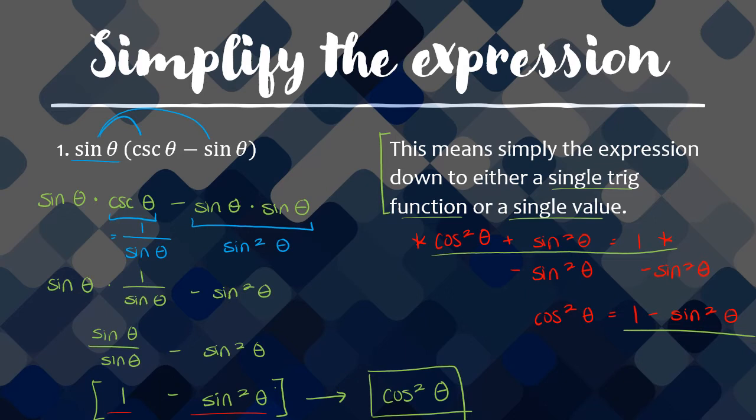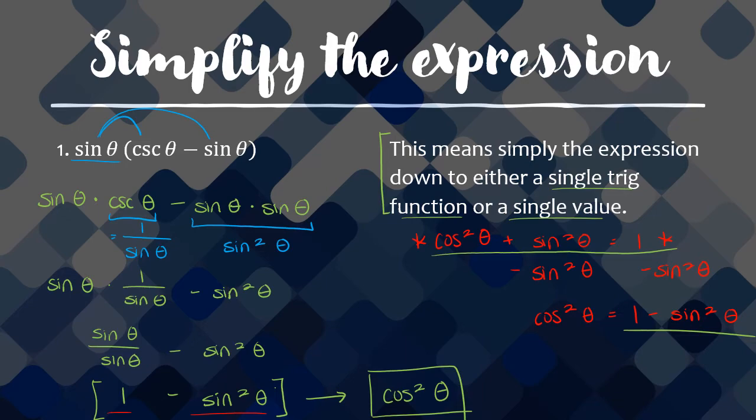So keep an eye out for that. Oftentimes you'll get a 1 and maybe one of the other functions, and that should be a clue to you that, ooh, maybe I need to look back at some of my Pythagorean identities and play with them a little bit.